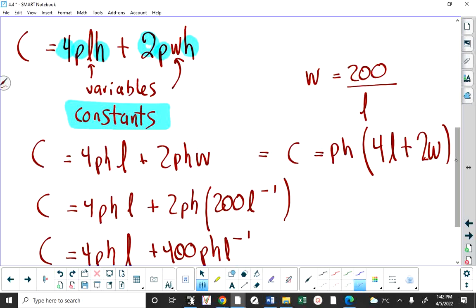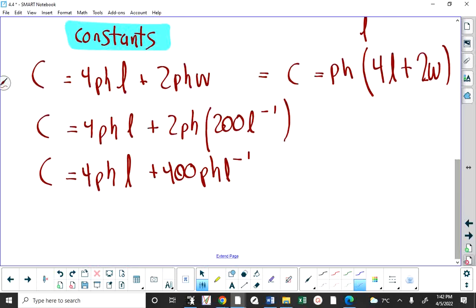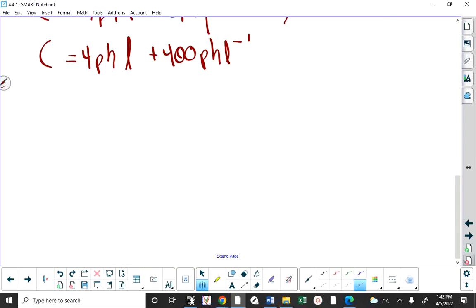I could go back to a rule of derivatives, which is the derivative of a constant times a function is the constant times the derivative of the function. Which means this constant is just going to tag along for the ride the whole way, but it doesn't play a role in any variation or variables. So now we can differentiate it.